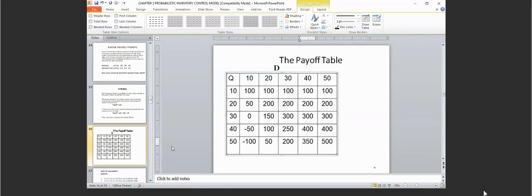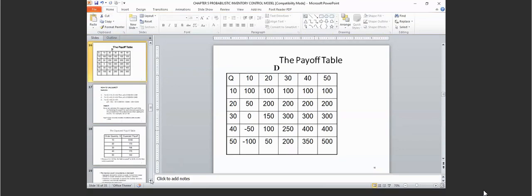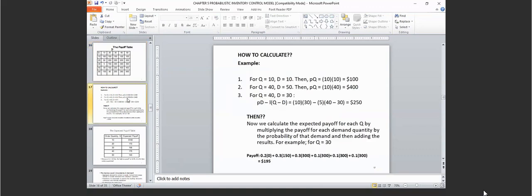Okey. Setelah kita selesaikan payoff table, after we finish fill in all the expected profit in the cell, so the next step is to calculate the probability of expected profit. Probability of expected profit. Example here.